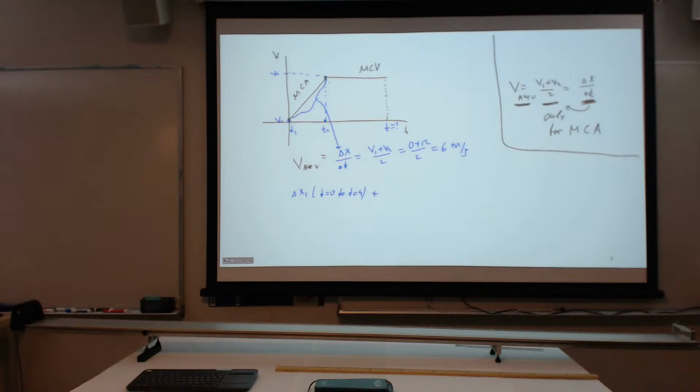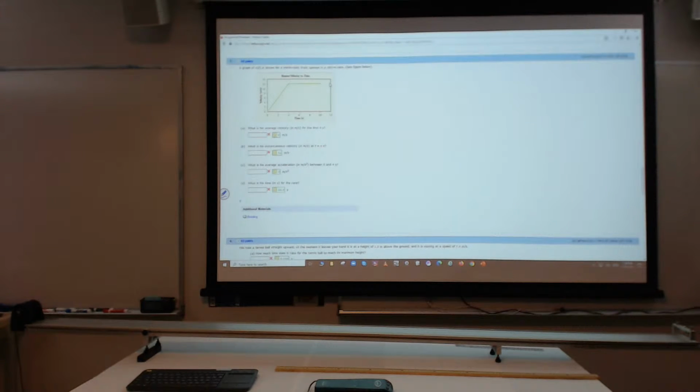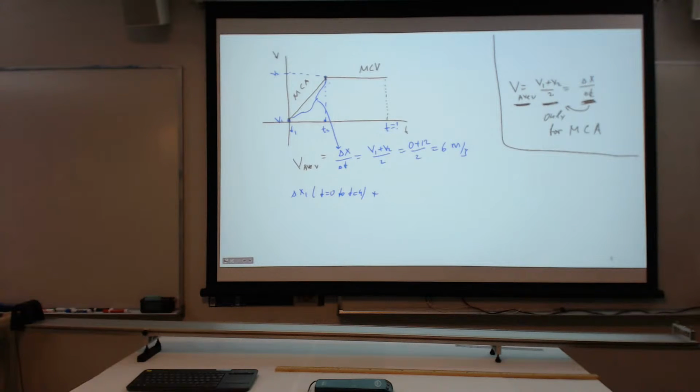And then you would have to add, right? Yes, correct. So delta x2 from 4 seconds to the unknown time, together with the first part, should be equal to 100 meters. This is how you arrive at that unknown time.